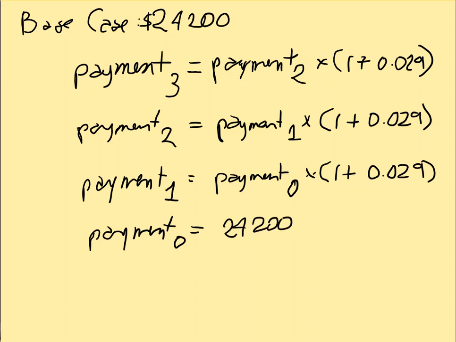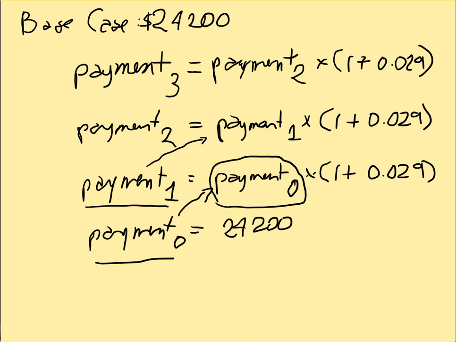The payment in year 0 is going to be 24,200, or our base case. Now, once we get to our base case, here's what we can do. We know that this is 24,200, and that's payment 0. So if we replace this number with 24,200, we can multiply by 1 plus 0.029 and get what we would pay on year 1. Once we know what we will pay in year 1, we can replace it back here, right?